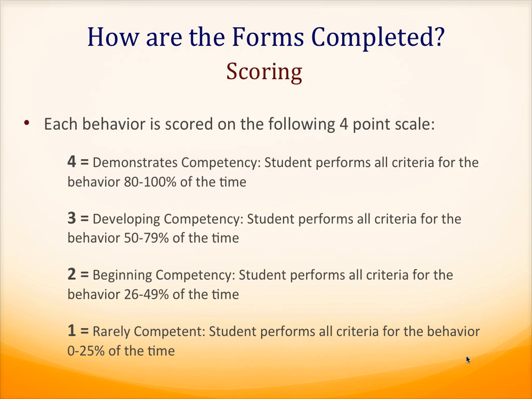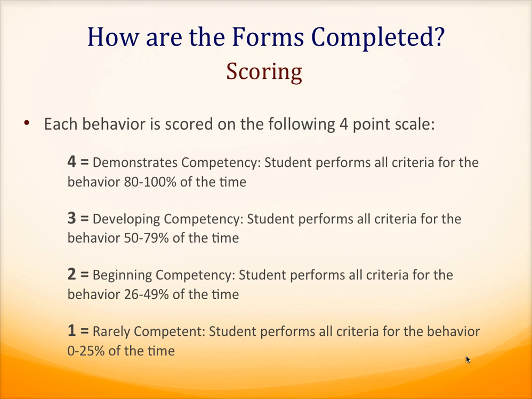If a not applicable does not apply to a specific behavior, use the following 4-point scale. 4. Demonstrates competency. The student performs all criteria for the behavior 80 to 100% of the time. 3. Developing competency.